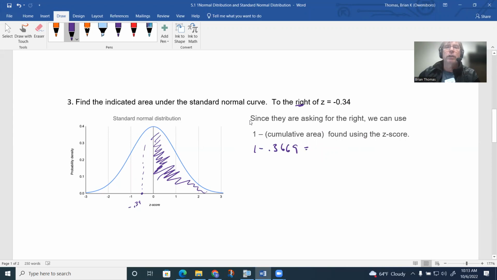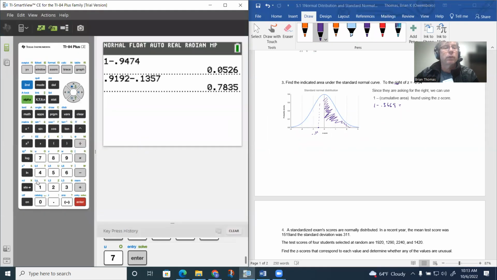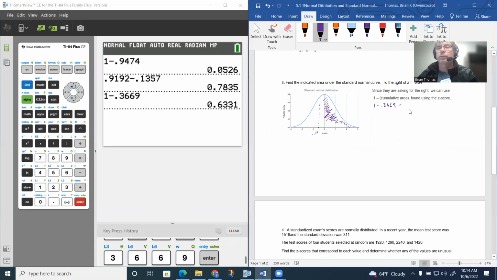So if I use my calculator, 1 minus 0.3669, hit enter, that's going to give me 0.6331. So that would be the area to the right of the z-score.